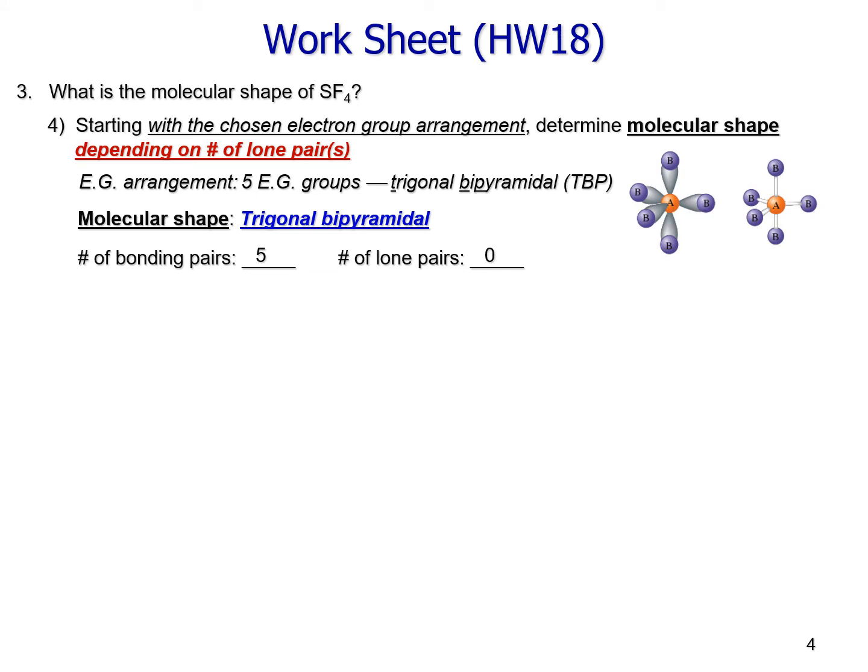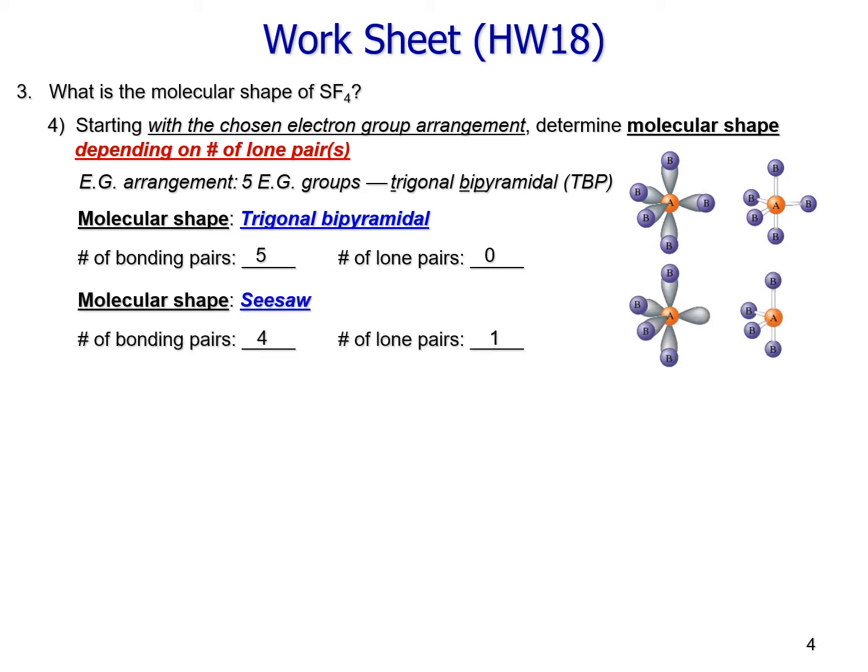All right, since it's a new slide, I just put everything together before we move on to the last molecular shape. So we understand if we have 0 lone pairs or 5 terminal atoms, the shape is going to be trigonal bipyramidal, same as the electron group arrangement that we choose.